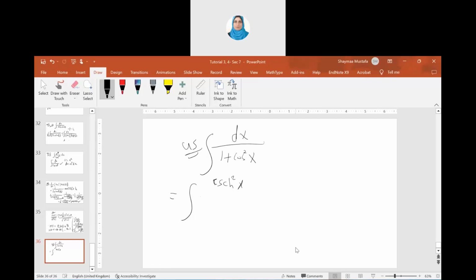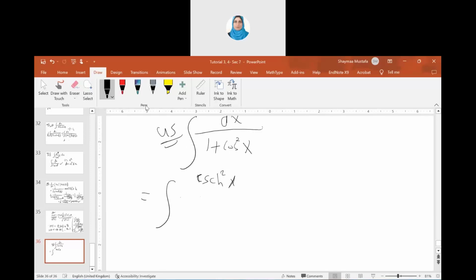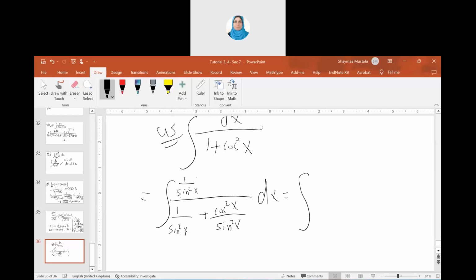I will multiply both sides by 1 over sine square x, so we have 1 over sine square x plus cosine square x over sine square x. This is another idea, maybe easier than the identities.